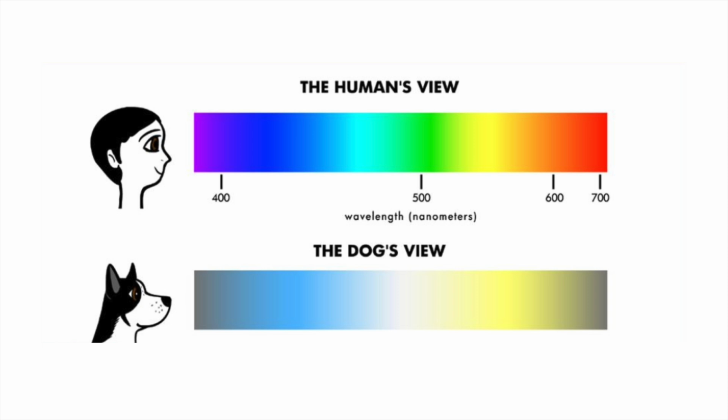This helps them detect patterns on flowers that guide them to nectar. And some creatures, like the mantis shrimp, have dozens of color receptors. They can see colors we can't even imagine. So when you wonder, do others see color the same way I do? The answer is a big no, especially across species.